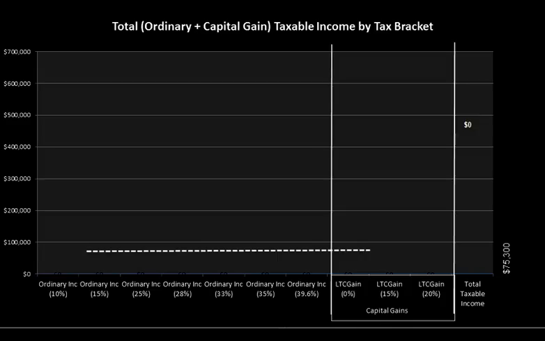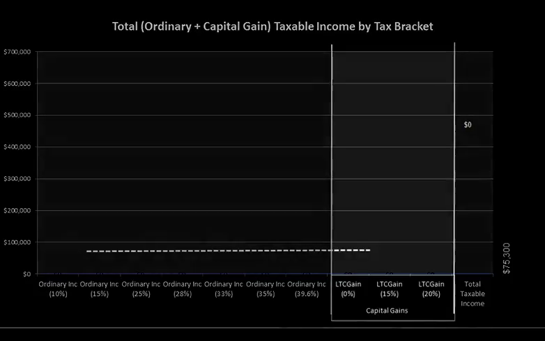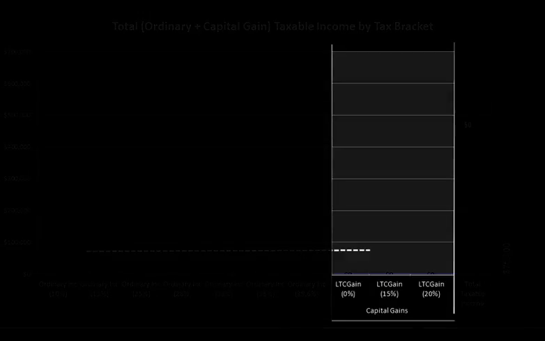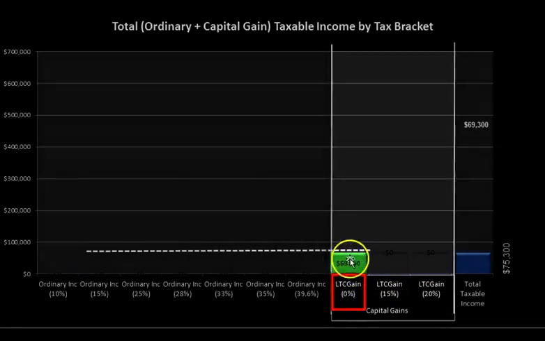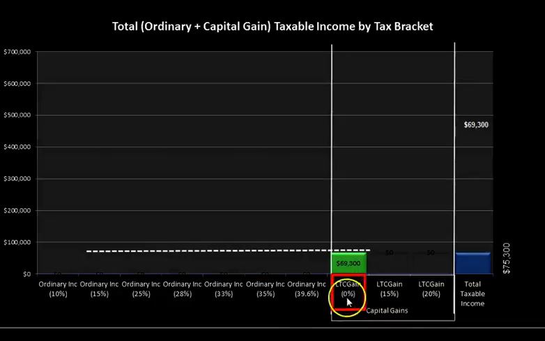So I'm going to demonstrate how this works with an example where this client only has capital gain income to keep things simple. So with some capital gain, we can see that this capital gain that I just introduced, through perhaps the client selling some stock, was taxed at a 0% capital gain rate.